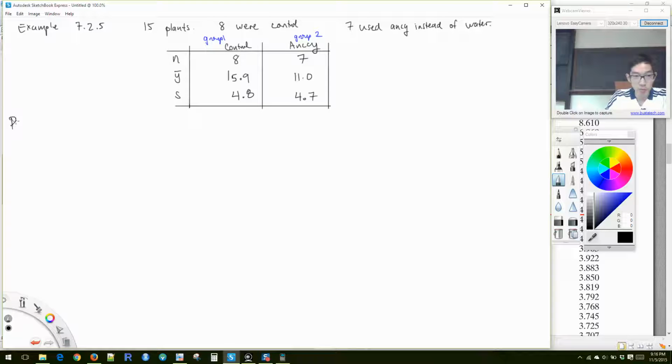Prior to gathering data, researchers asked, will ANSI plants grow taller?